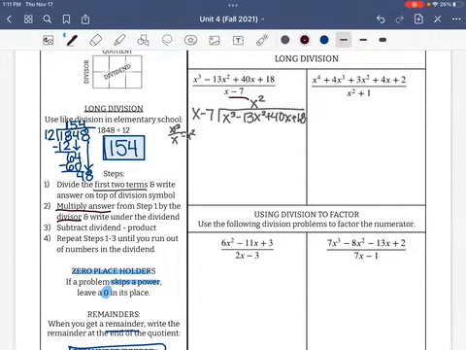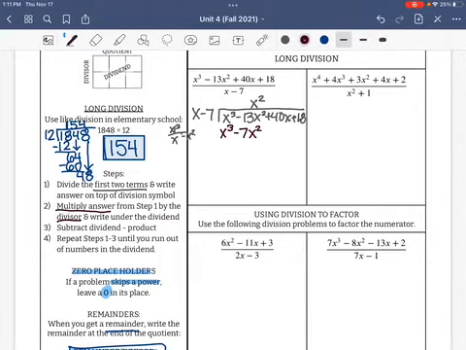So x squared times x and x squared times -7. X squared times x is x cubed. X squared times -7 is -7x squared. And I'm going to erase those lines because they end up looking really confusing later.